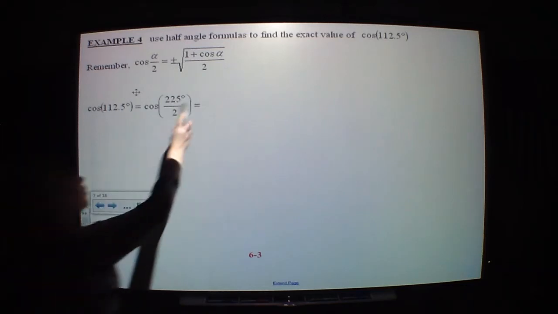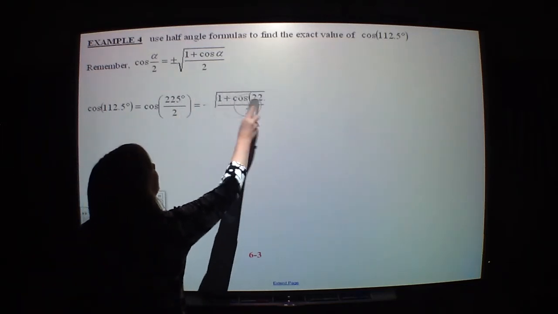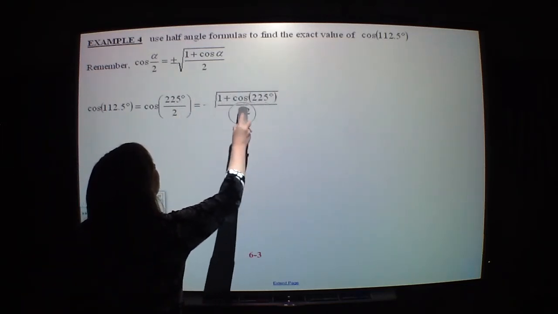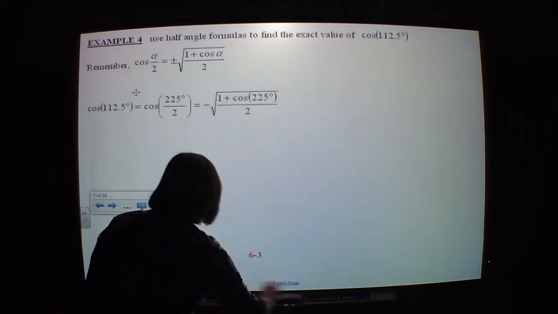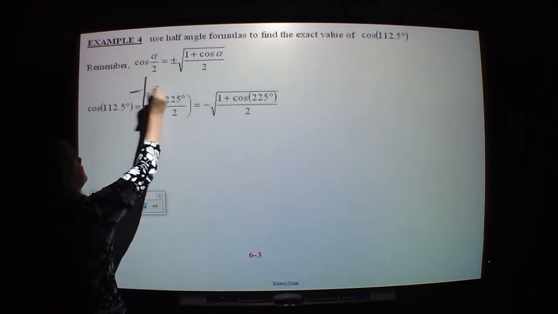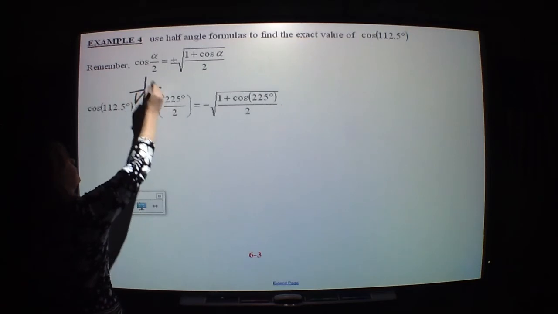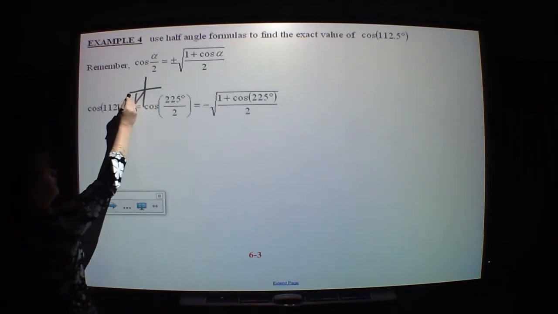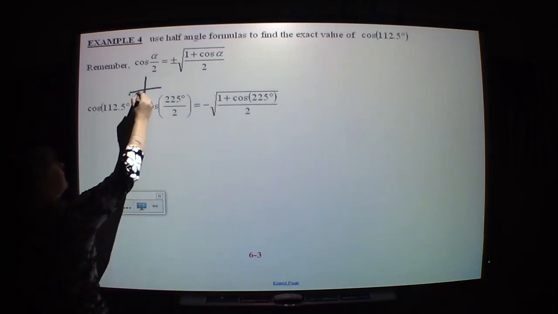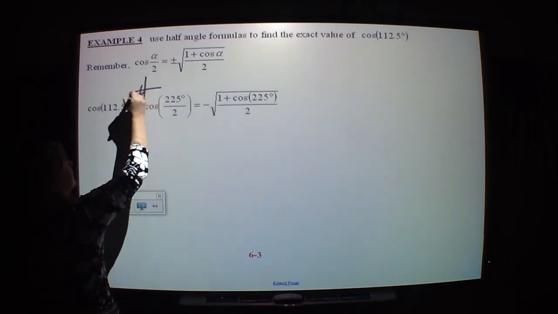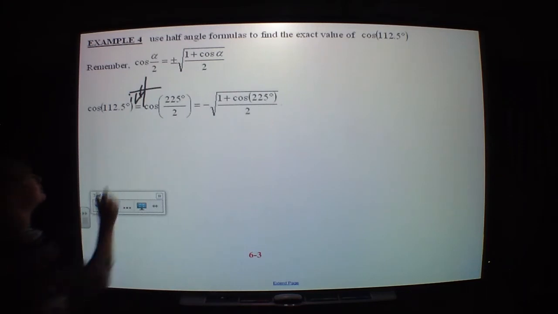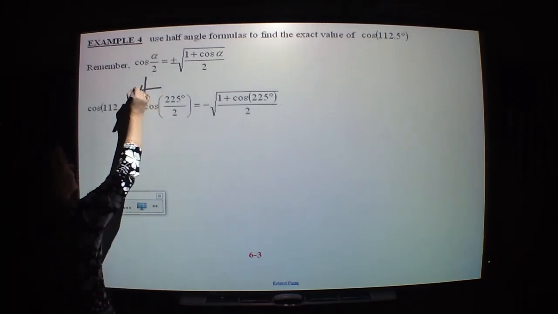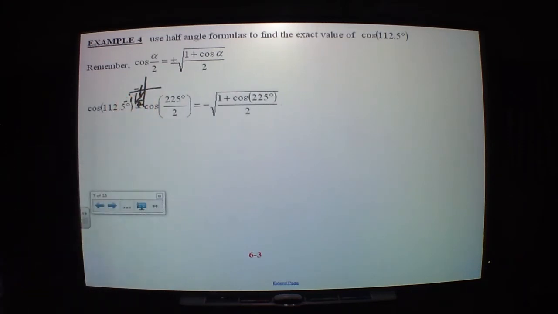And so now this is the square root of 1 plus the cosine of 225 over 2. 225 is in the third quadrant. That's 225. This is 180 to 225. That reference angle is 45 degrees. So it's a 1, 1, radical 2 triangle. Okay? So there's your picture.